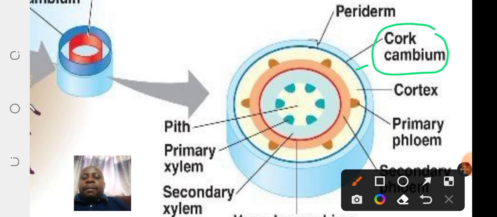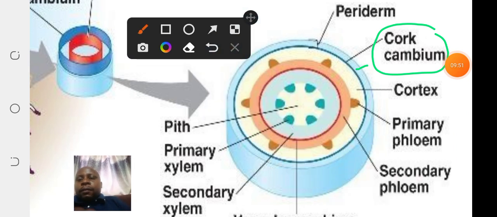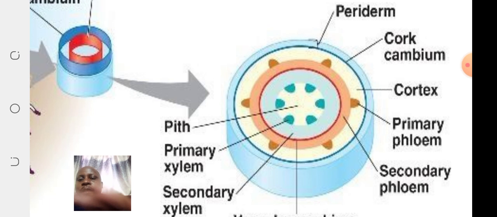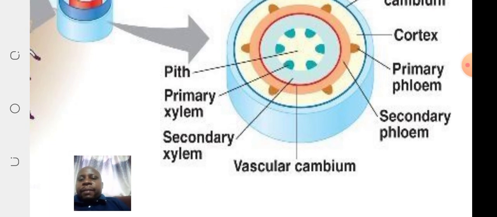Then we have the cambium towards the inner. This cambium here towards the inner is what is called the vascular cambium. It is hidden down here.